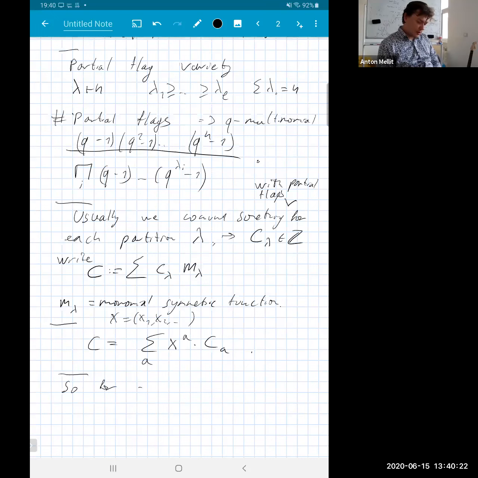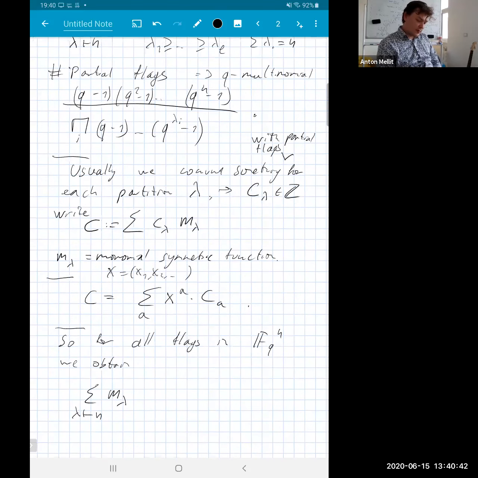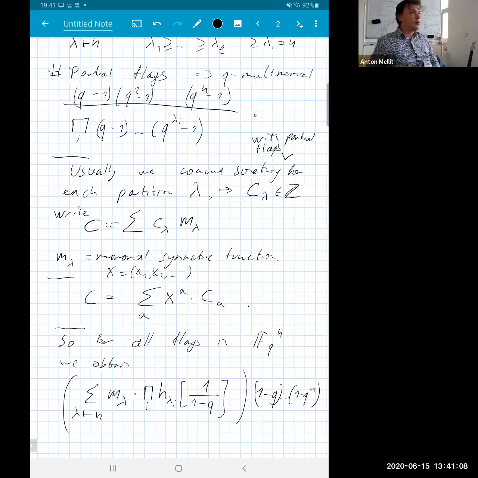For all flags in the vector space F_q to the n, we obtain a sum of m_lambda, lambda a partition of n, and then this formula I want to interpret as a product over i of h_lambda_i of 1 over 1 minus q, and then the overall factor 1 minus q. I changed the signs everywhere, so I think nothing changed.